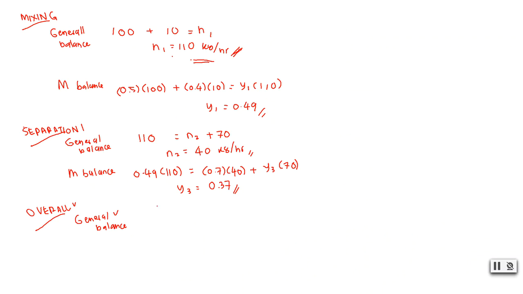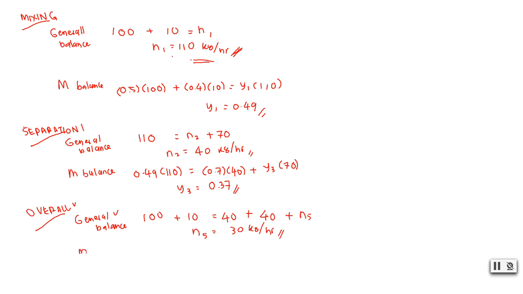For the general balance, we have 100 plus 10 equals 40 plus 40 plus N5. So we get N5 equals 30 kg per hour.